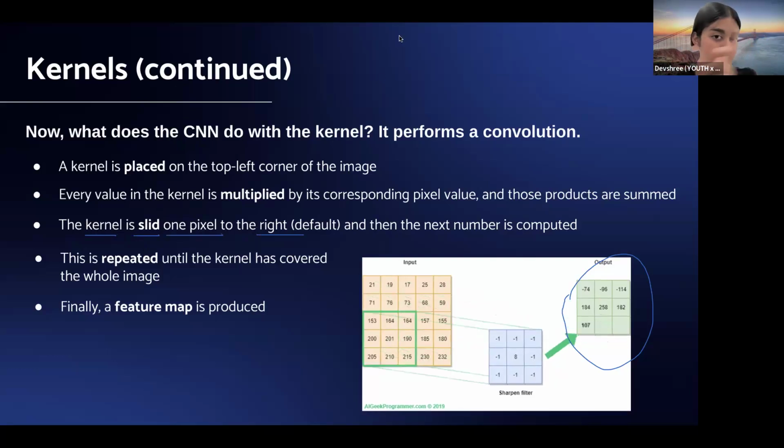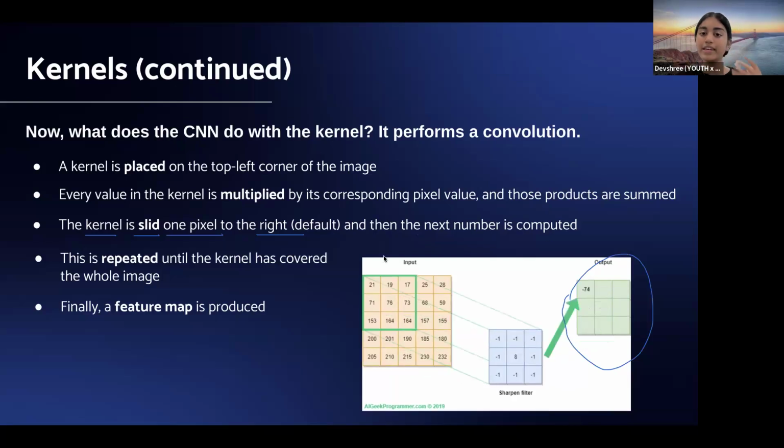You can always change how much it slides by, but honestly, there's no reason to mess with that for now. Default is 1. And then the next number is computed. So these numbers over here, they're all done after the kernel has slid. The reason they're different numbers is because the kernel is sliding and taking into account all of the pixels in the image.